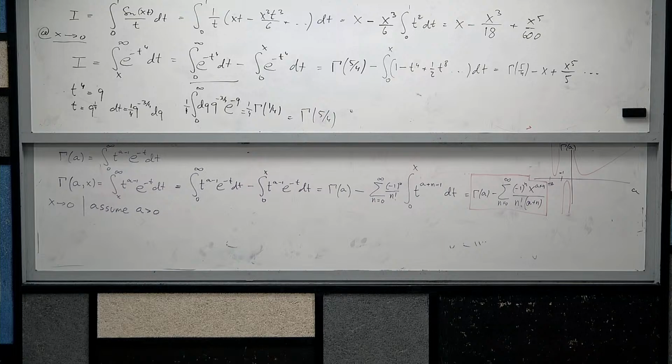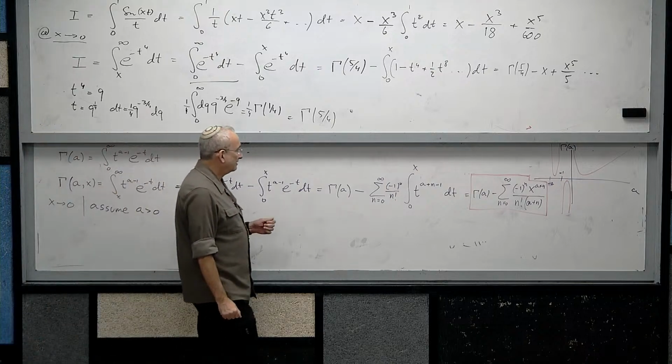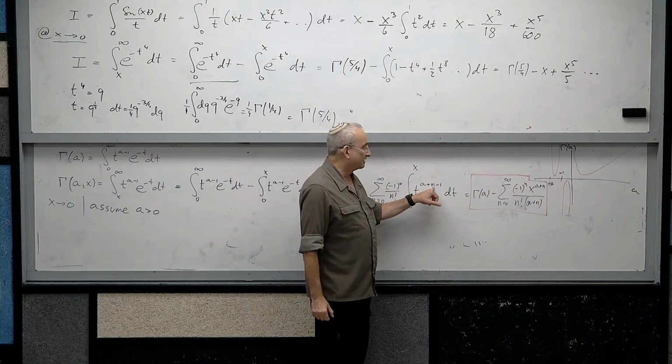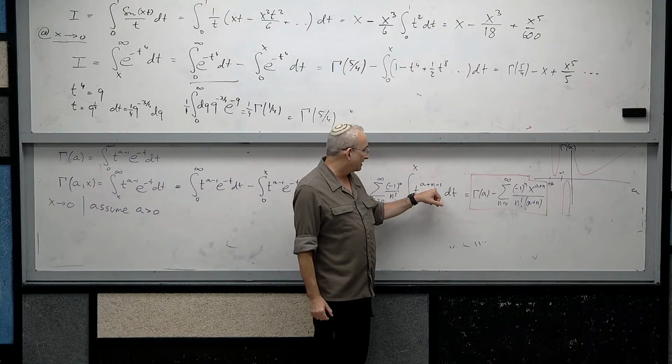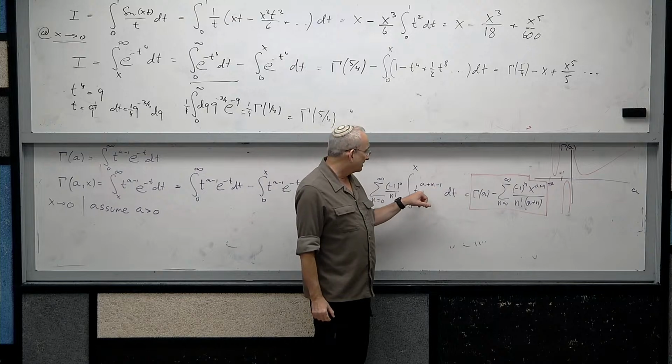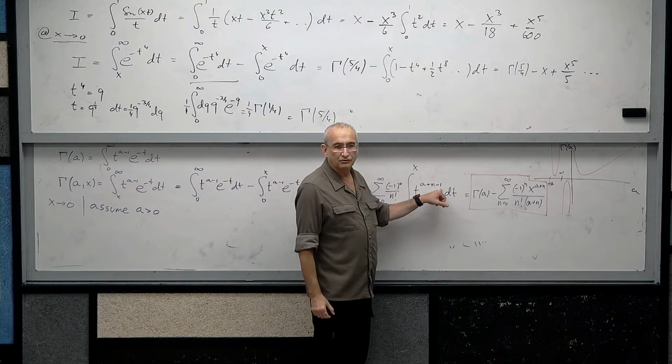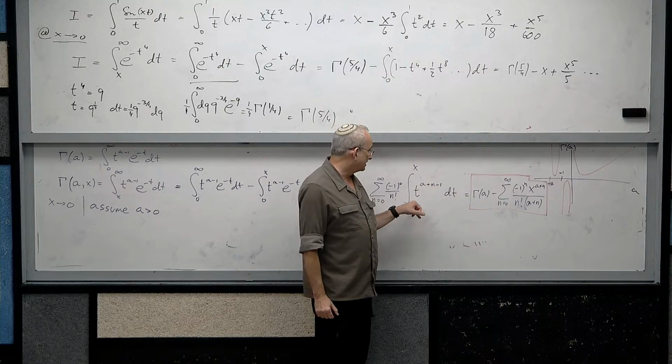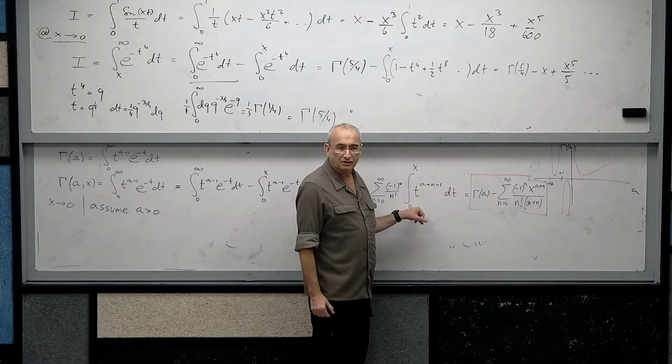Suppose a is minus 1/2. You cannot exchange the sum and the integral. Why? Because you have divergences. If a is, say, minus 1/2, then if I take n equals 0, for example, I have t to the minus 3/2, and this is an integral that diverges at the lower bound. You see? See the problem?